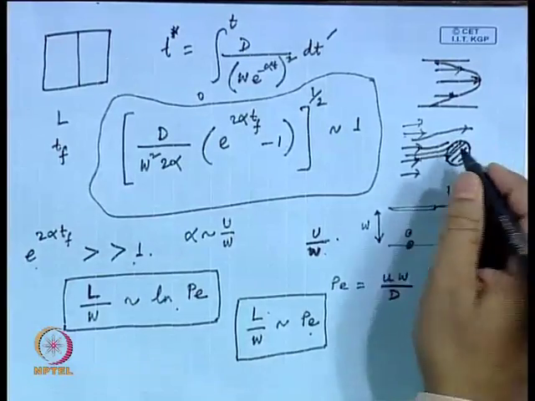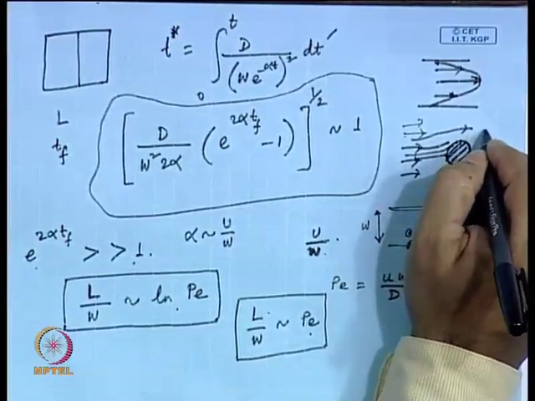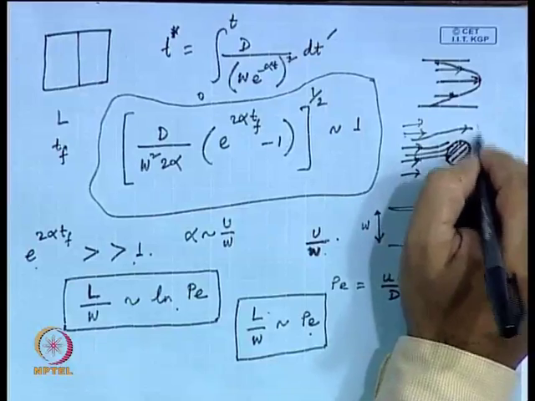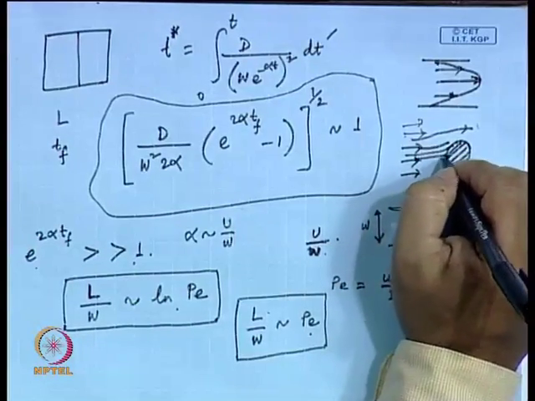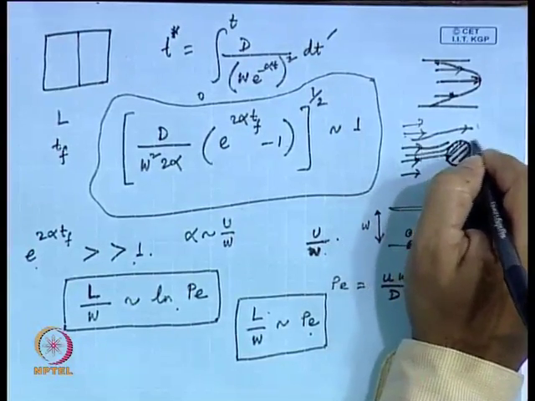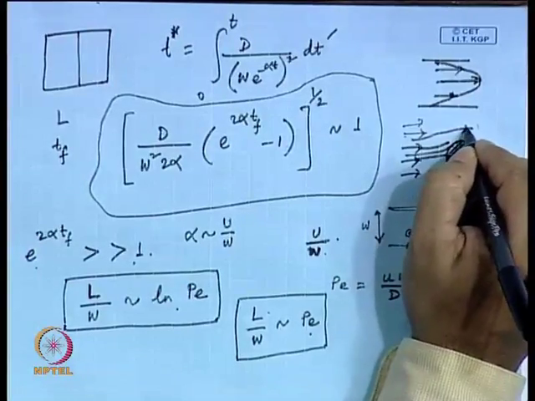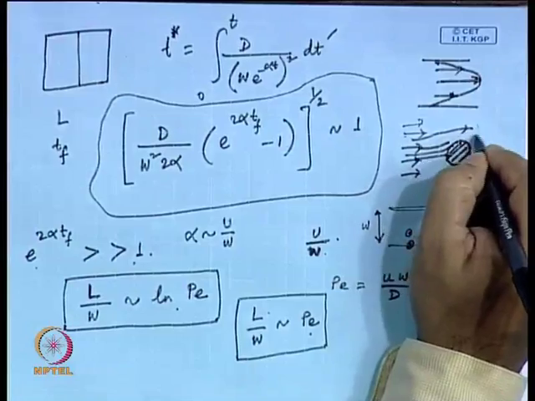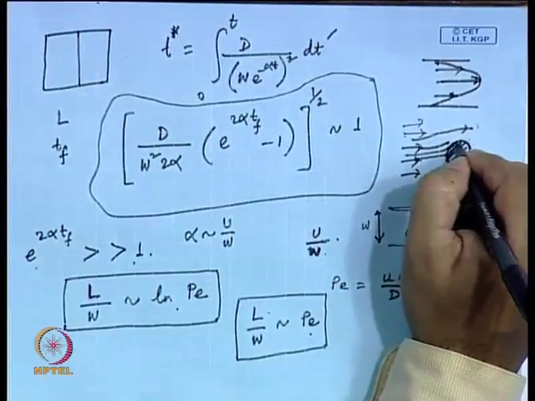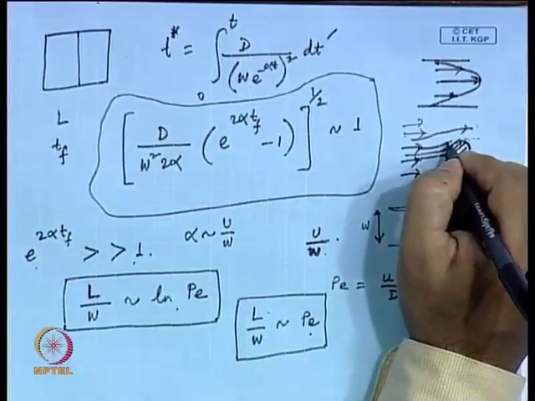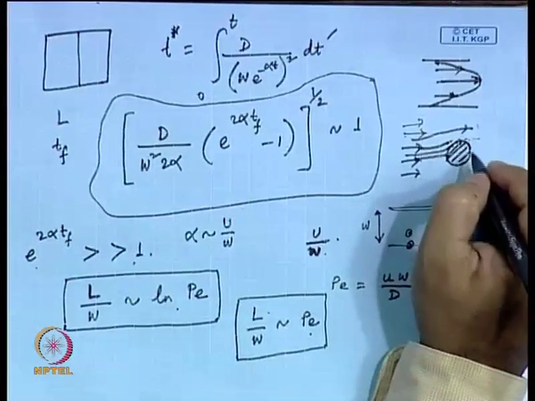So, when you collect the stream at the outlet, you will find a mixture of various streams, because the various streams come at different times.